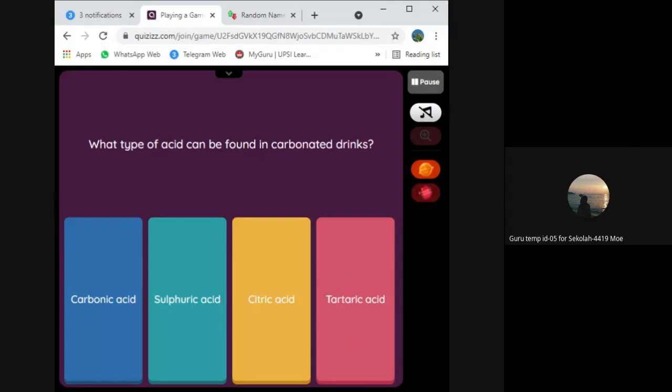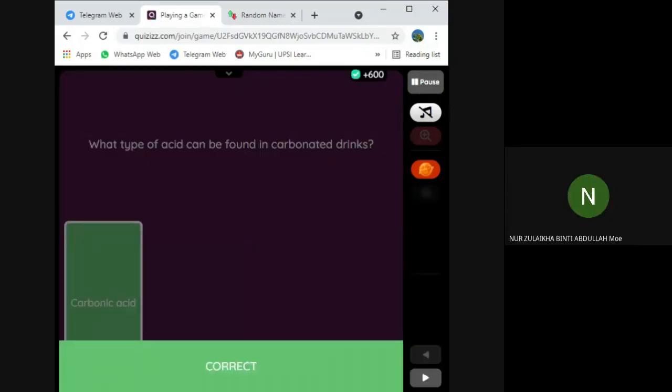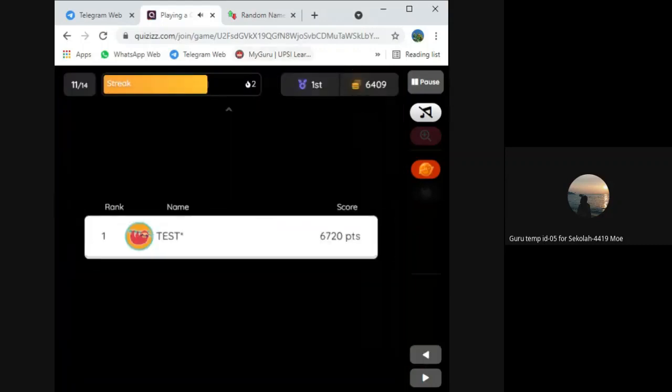For example, what do we have? Orange, lemon, fruit juice. Yes, lemon, correct. Okay, what about tartaric acid? Tartaric acid is similar to citric acid, just a bit stronger. So the answer from Chua was carbonic. Okay, correct.